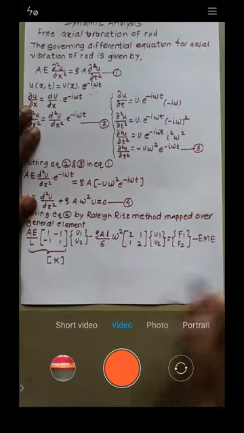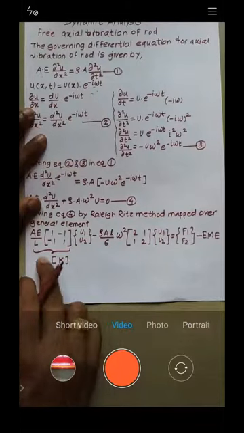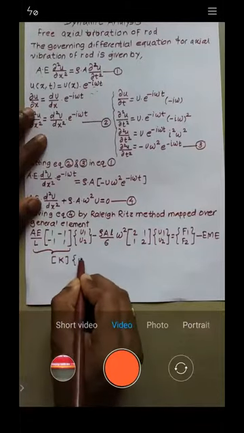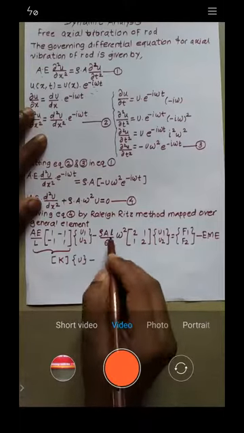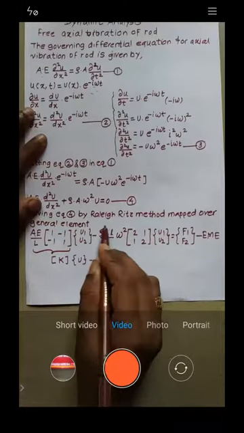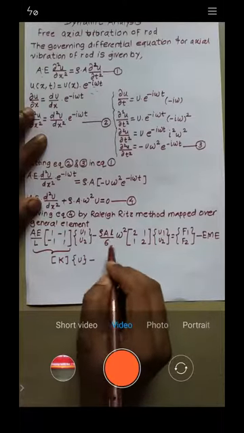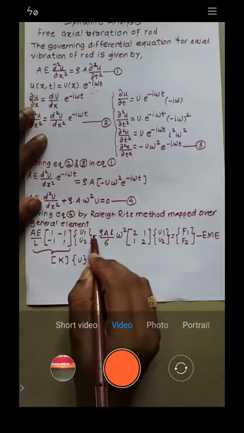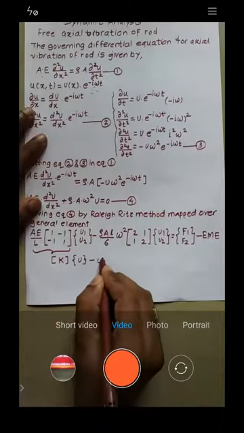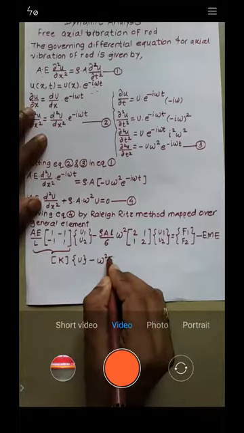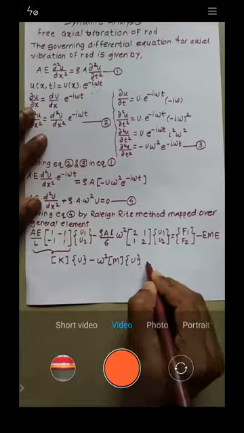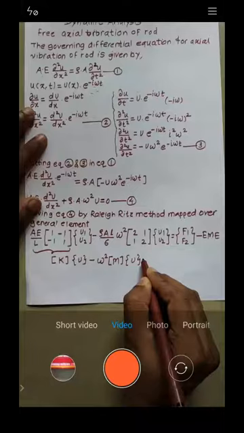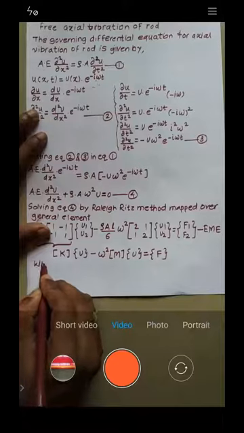This is the element stiffness matrix into displacement, minus omega square into M, into displacement, is given by force. Here you might not understand.